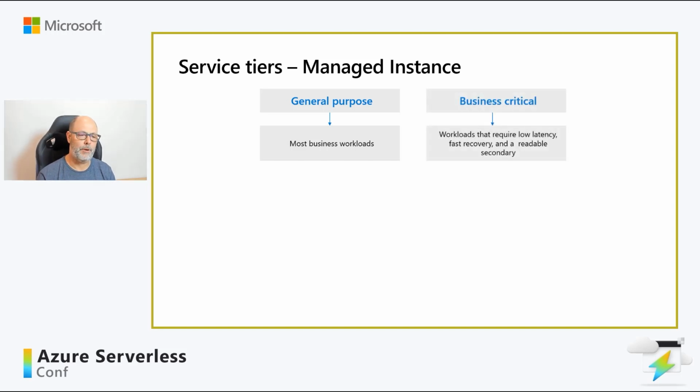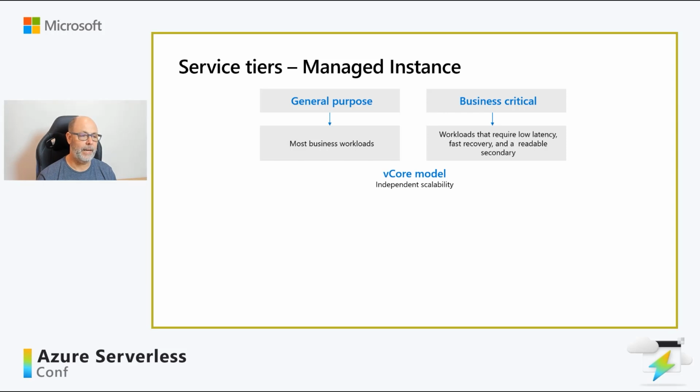General purpose, Microsoft said, is the right one for most of the existing workload. But if we require lower latency for disk, faster recovery, and additional read-only replicas to offload some of the read-only workload, we have the other possibility, which is business critical.